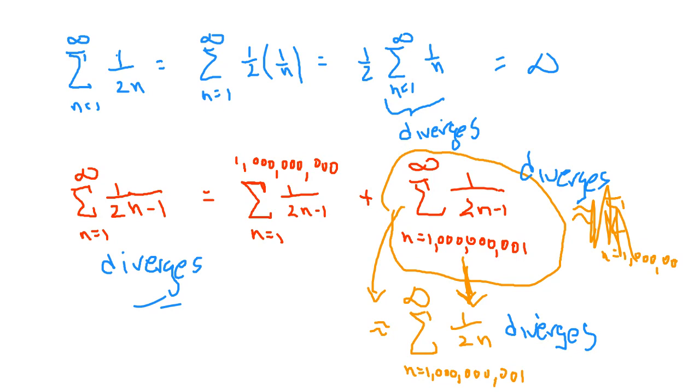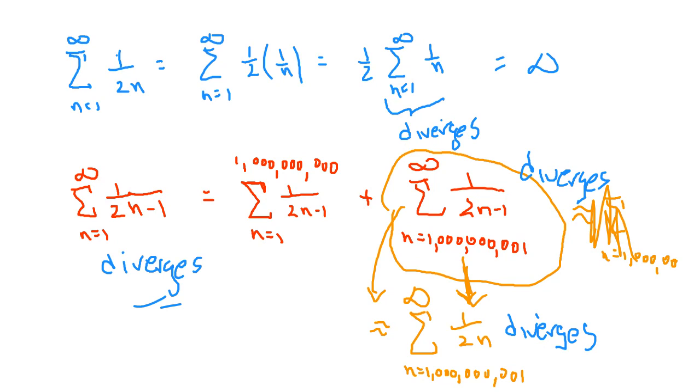The limit test just says that the terms of your series are in proportion, they're a multiple of the terms of another series that you know about. You see, they're multiples.